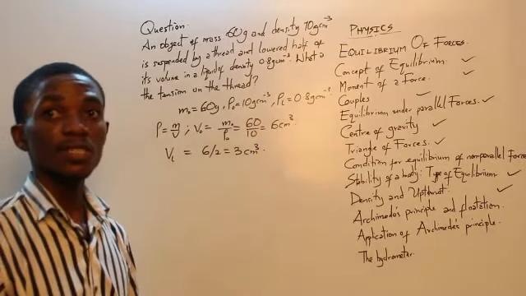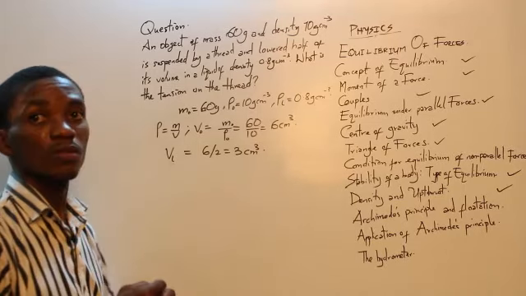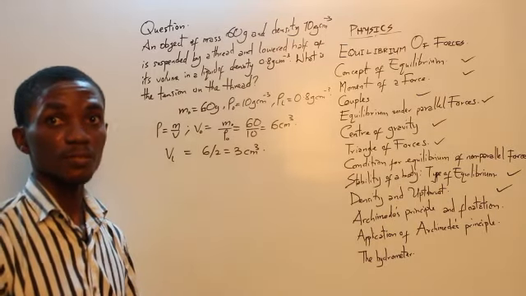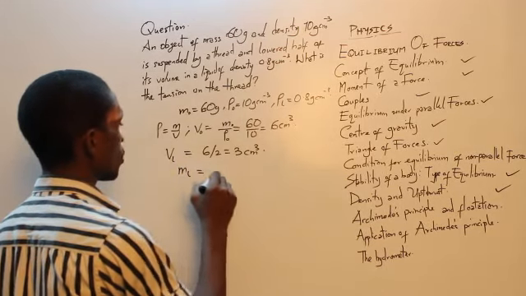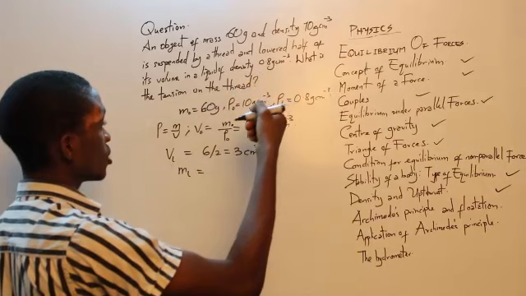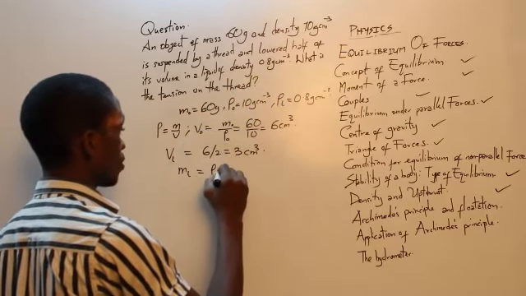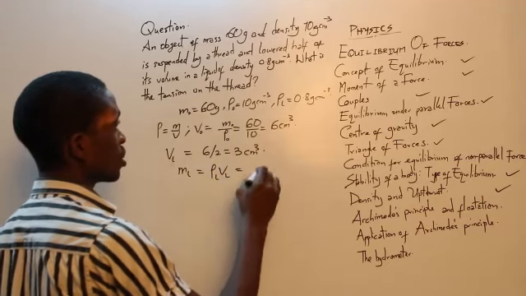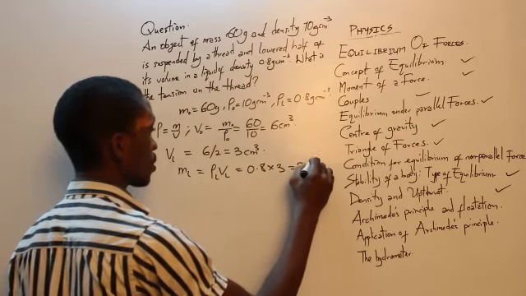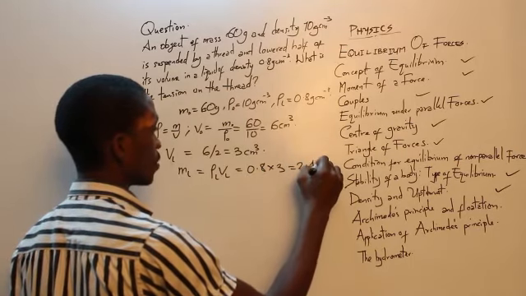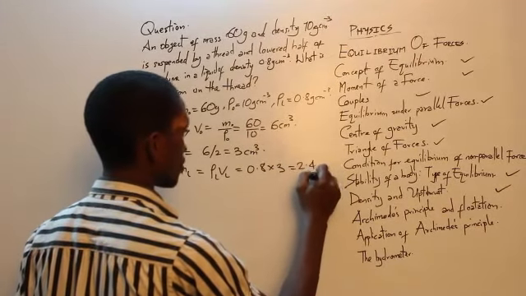And we can now calculate the mass of liquid displaced. The mass of liquid displaced would be the density of liquid multiplied by the volume of liquid displaced, which will give us 0.8 multiplied by 3, which will give us 2.4 grams.